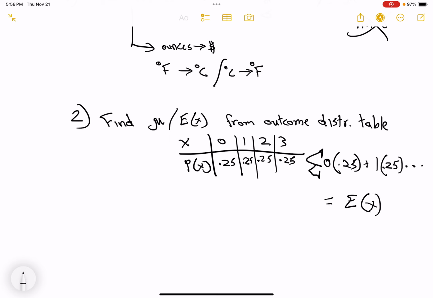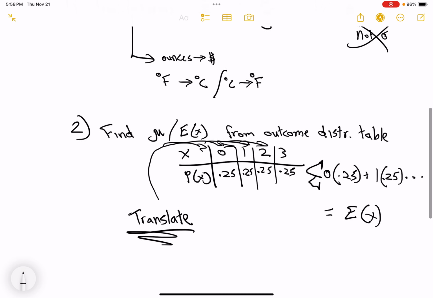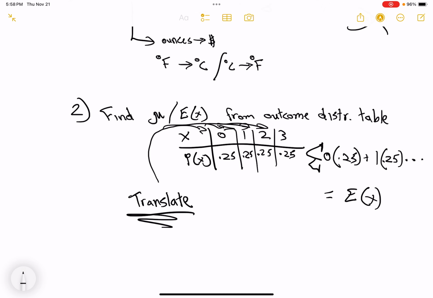That's obvious to you, of course, but know how to do that, and know how to translate those values, which you can do by either changing each one of the x values and then running the calculation, or just running the calculation and then, of course, multiplying the mean. Forgive my nose, I'm having a bit of a cold. And then multiplying your mean by whatever the translating factor is, whether that's turning, again, ounces into money, degrees into a different kind of degree, any different kind of alteration that you make. Just know how to do that.